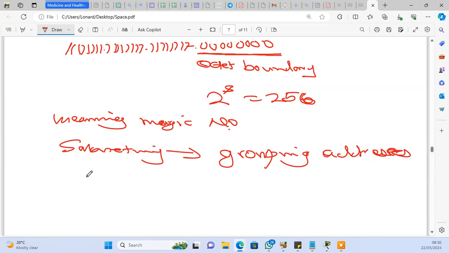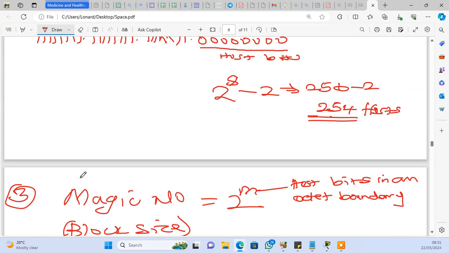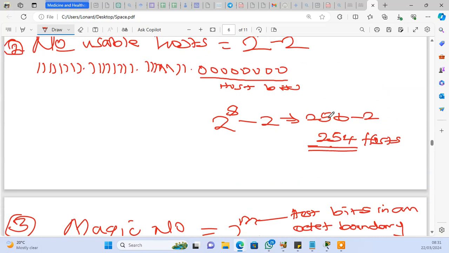So when you look at the total number of usable IP addresses, they total to 256.